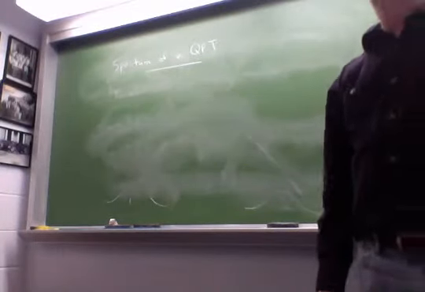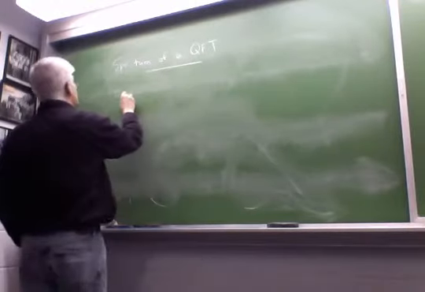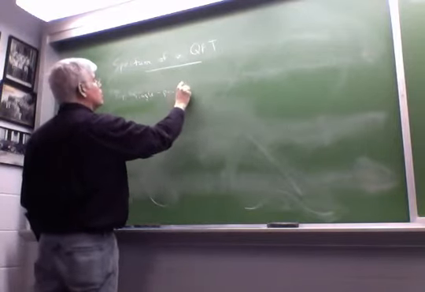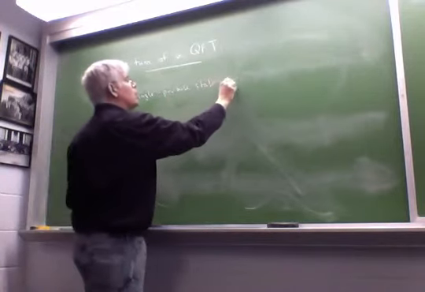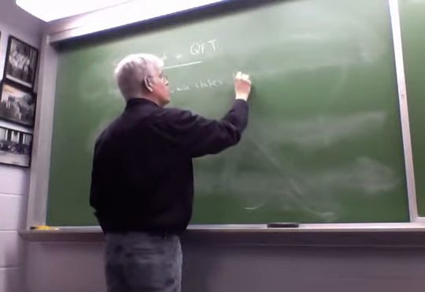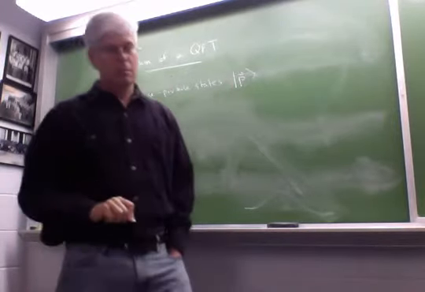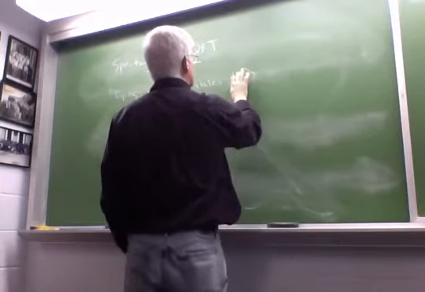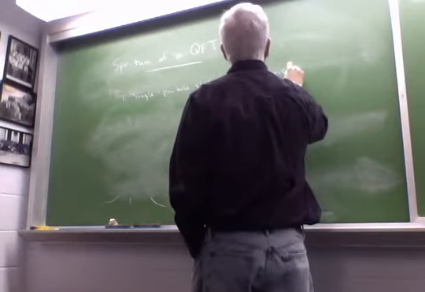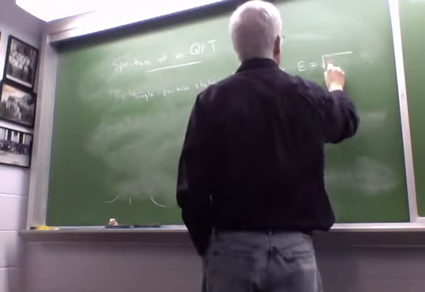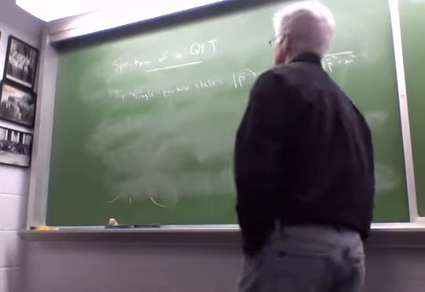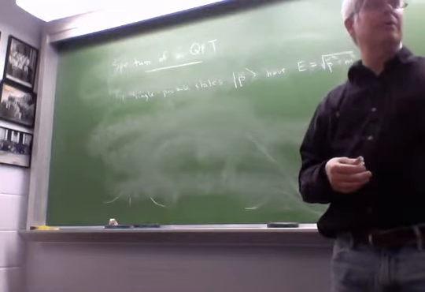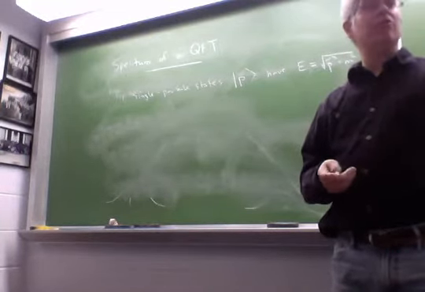So, if it's relativistic, then we know that single particle states of definite momentum, which is called 4-momentum p, have total energy equal to the square root of p squared plus m squared. I haven't really said anything here other than the fact that this is a relativistic theory. So there has to be this relation between energy and momentum.